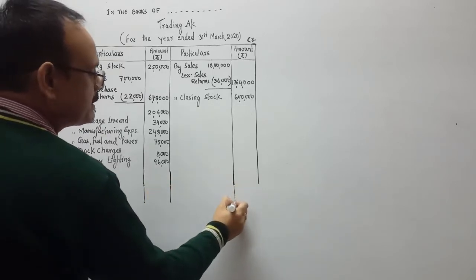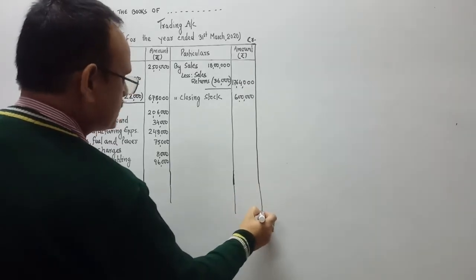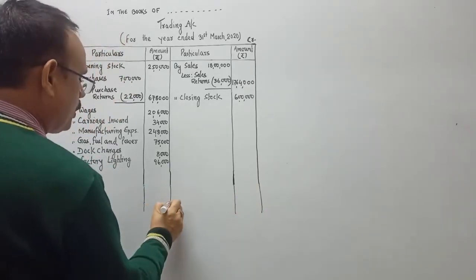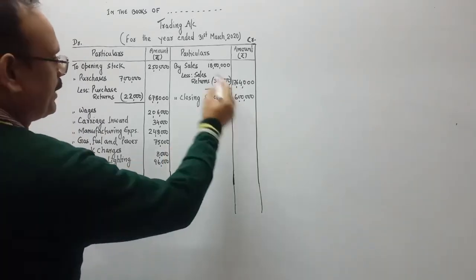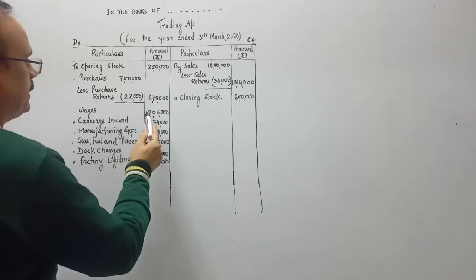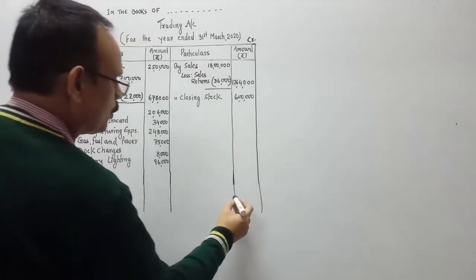Now we'll see which side total is more, debit or credit. Roughly, it is 23 lakhs around. So the credit side total is more.